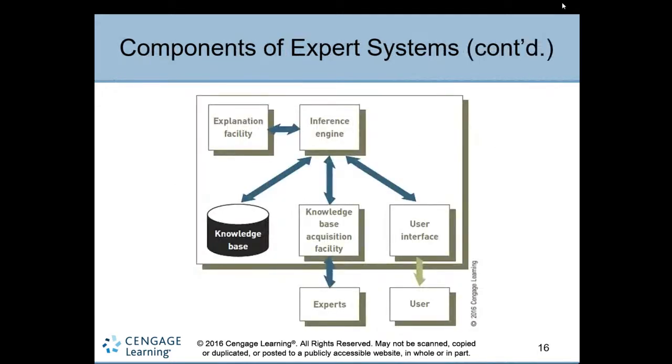Here you can see the diagram, the figure, which shows the components of an expert system. Mostly the knowledge base, from where the expert systems utilize the knowledge for making their conclusions and suggestions for the organization's business goals and business activities, right?